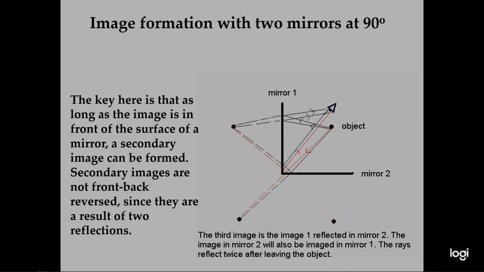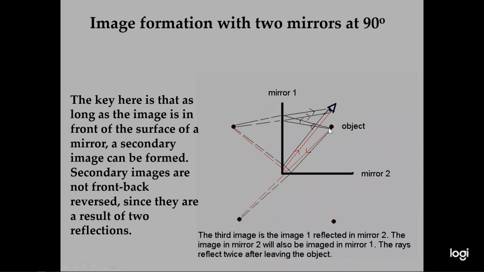One of the images involves a secondary reflection. The one image that's back here on the opposite corner involves two reflections. And it'll look just like the object.